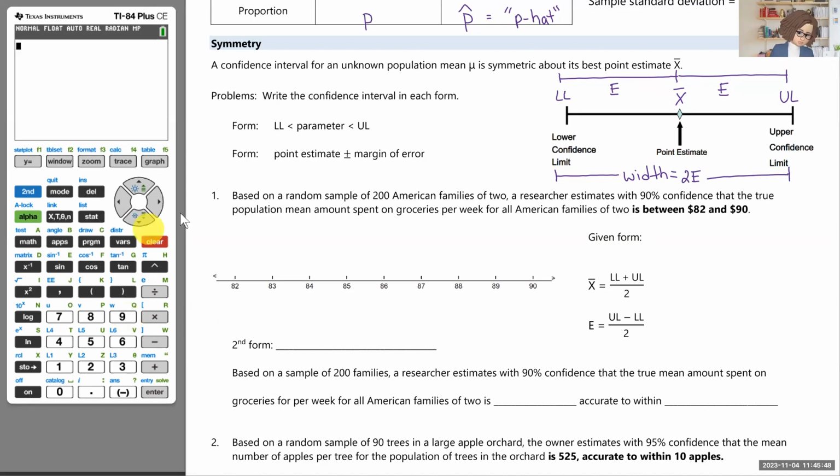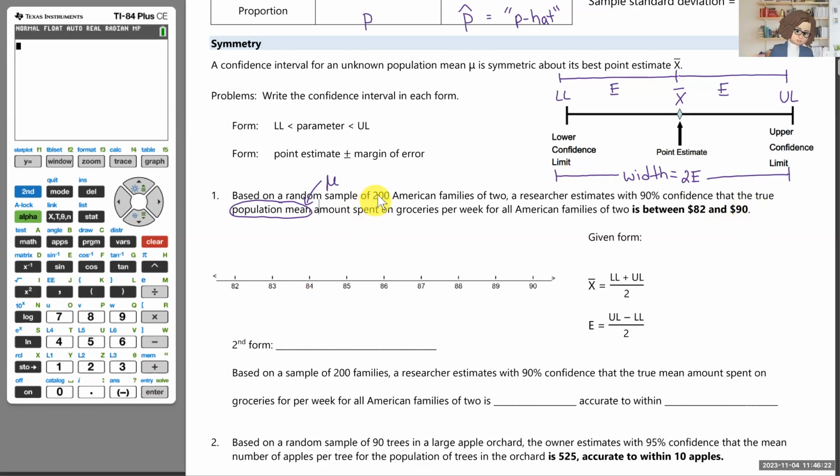All right, so let's look at this example. Based on a random sample of 200 American families of 2, a researcher estimates with 90% confidence that the true population mean, so it's always good to recognize what it is we're estimating, so they believe that mu, the population mean spent on groceries per week for all American families of 2, is between $82 and $90.